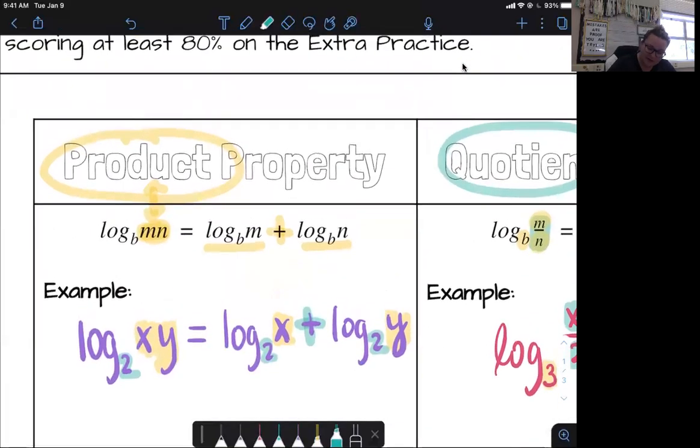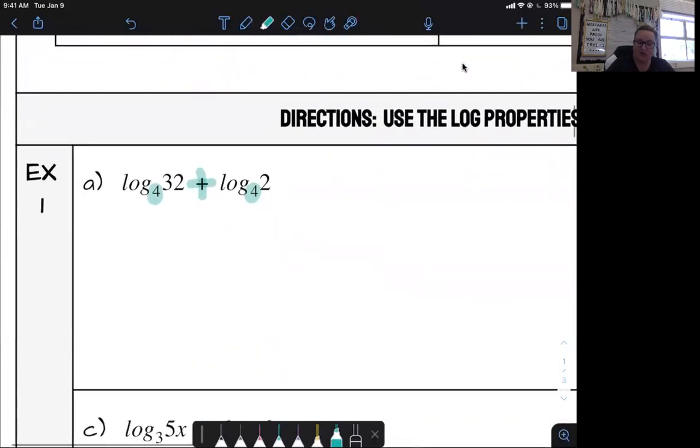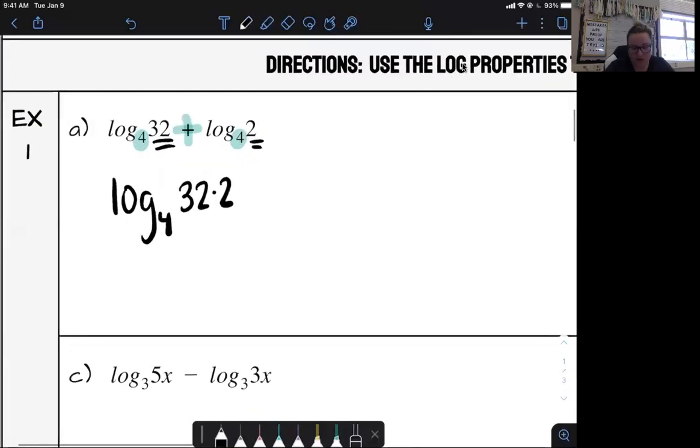The product property had logs with the same base being added together. So we're going to use that product property. We're going to combine these into one log, the log base 4 of, and we're going to multiply 32 by 2. So 32 times 2. So the log base 4 of 32 times 2. So the log base 4 of 64.